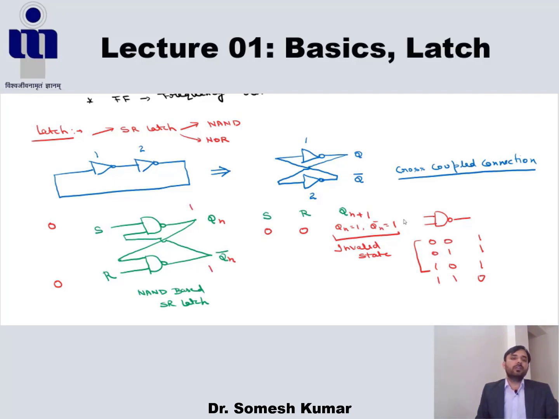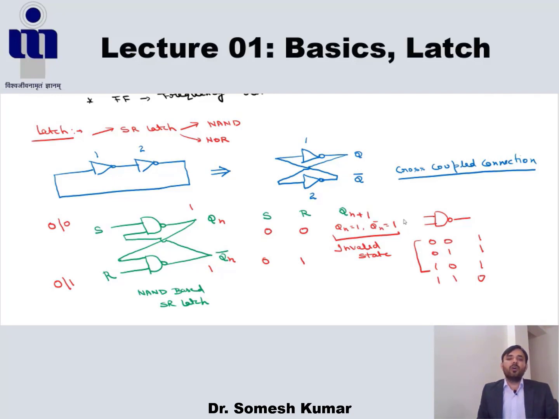In the next combination, S is 0 and R is 1. What happens if S is 0? If S is 0, then Qn should be 1, because if any input is 0 then the output must be 1, independent of the second input. This is the property of our NAND gate.